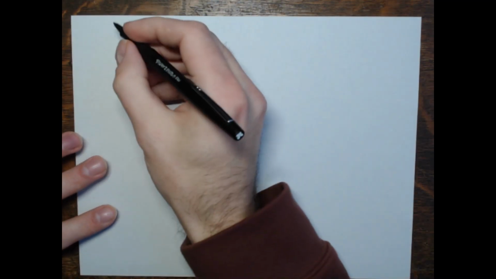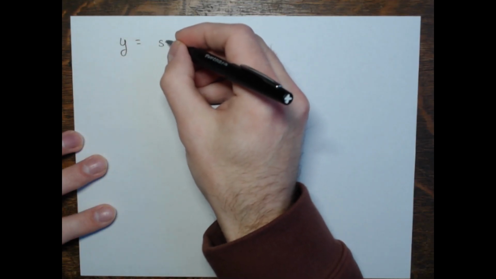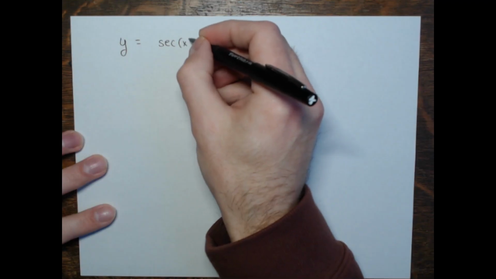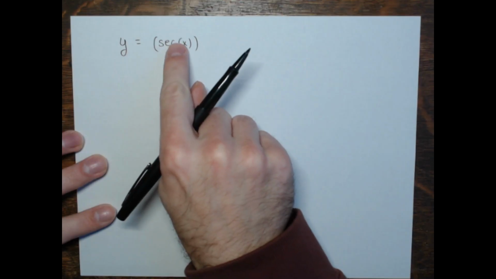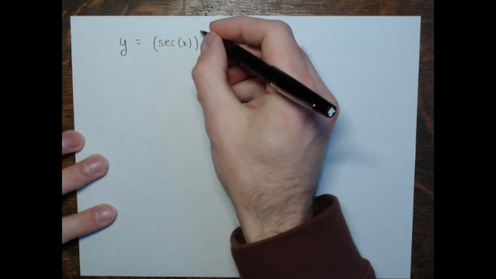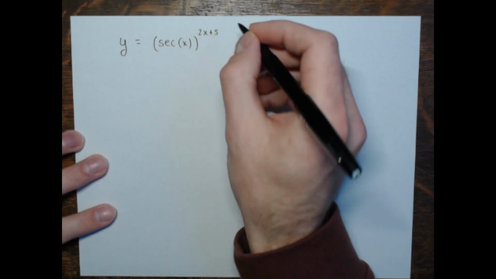Like I said, I'll put the steps up as we go. So we have y equals the secant of x as the base. I know they put the power here, but remember that means you're raising the secant of x to the 2x plus 5 power.